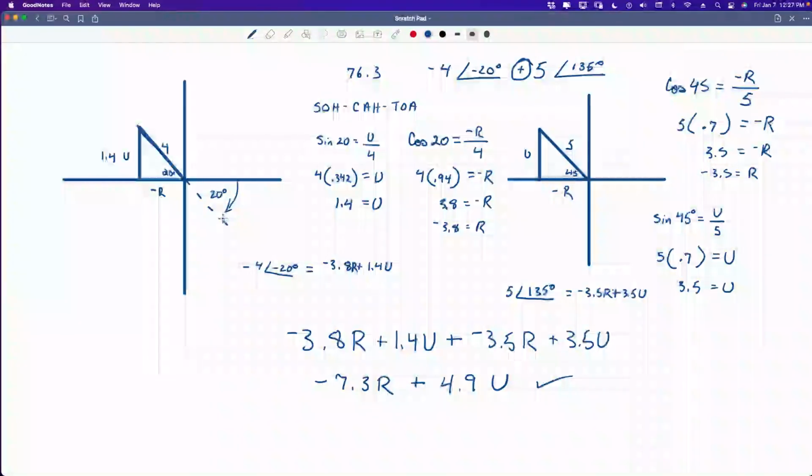So measure your angle down to where it goes because it's negative and you're going clockwise instead of counterclockwise. Here we went counterclockwise. We measured around to 135, right? Which happened to be 45 degrees from the x-axis. In this case, we did 20, and the negative 4 is what told us to flip it to the other side. So that's how we did that.